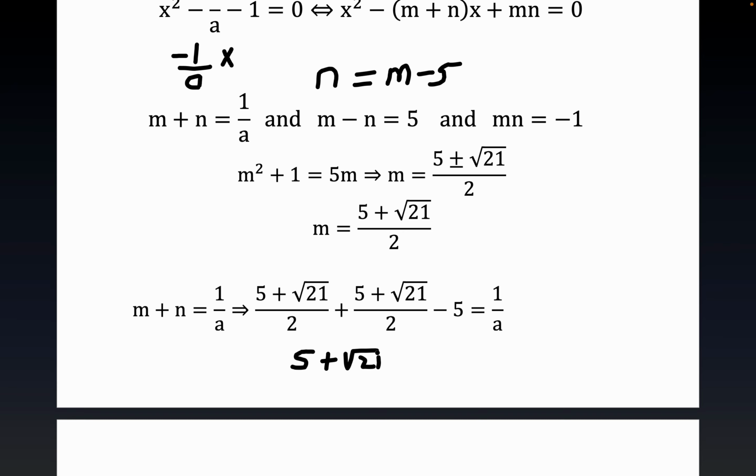Again, y'all know this sounds silly. You probably don't need any explanation at all, but half of something plus half of something is the something. Now you still have the minus 5, right? Okay. But that is just equal to root 21, which is equal to 1 over a. So that's equal to root 21.